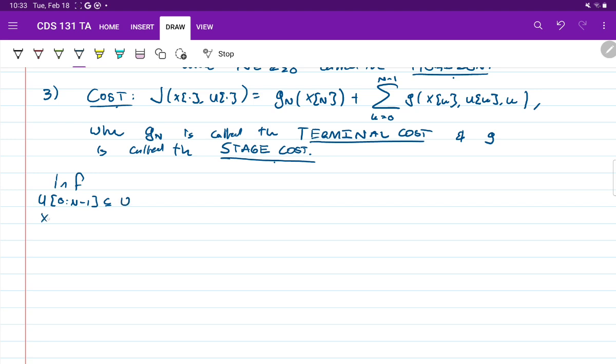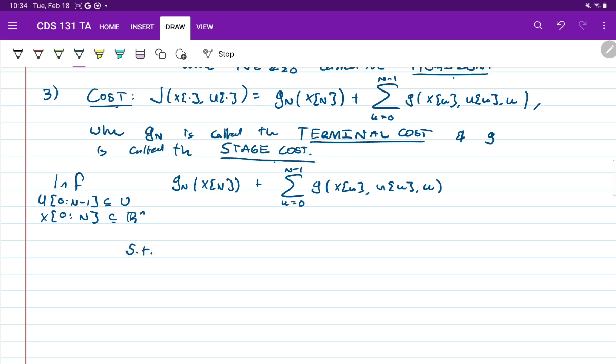Now we'll have a sequence of states x, which goes from 0 up until n. This is a subset of my state space Rn. And what we're going to be taking the infimum of will be g_n of x_n plus the sum from k equals 0 up until n minus 1 of g of x_k, u_k, k.